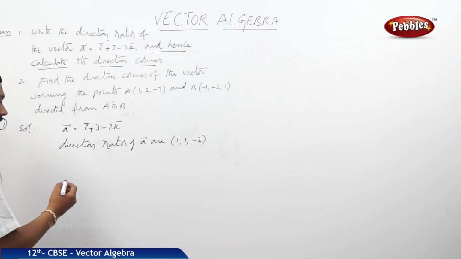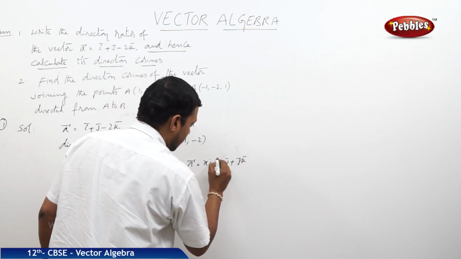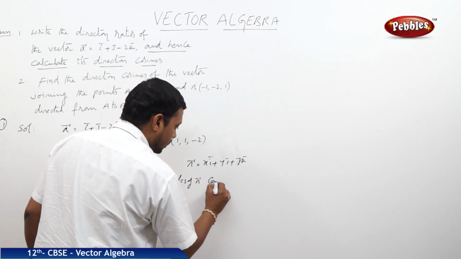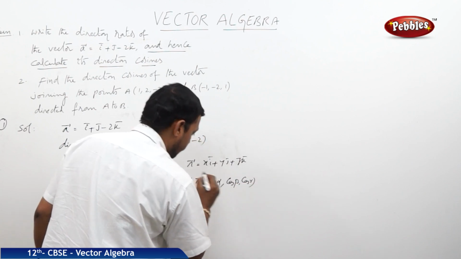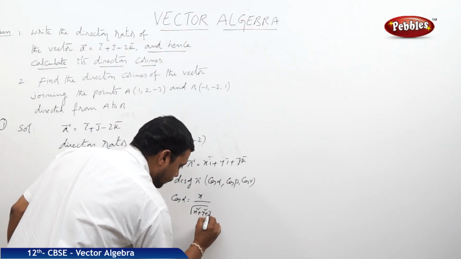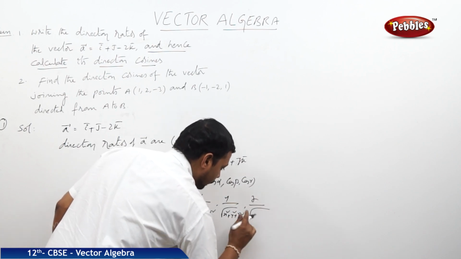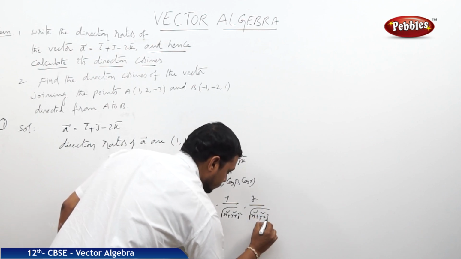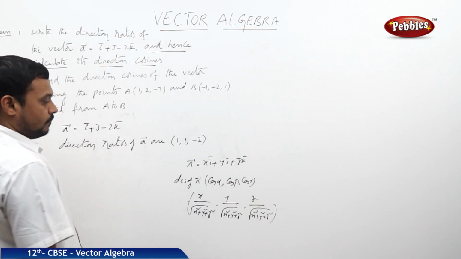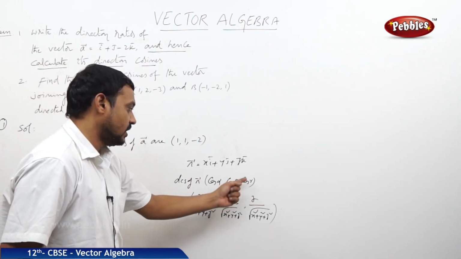If r bar is equal to xi plus yj plus zk is any vector given, then the direction cosines of the vector r bar are cos alpha, cos beta, cos gamma, where cos alpha is equal to x by root of x square plus y square plus z square, cos beta is y by root of x square plus y square plus z square, and cos gamma is z by root of x square plus y square plus z square.